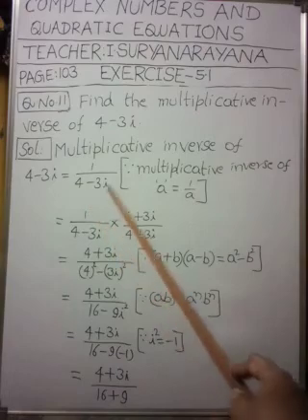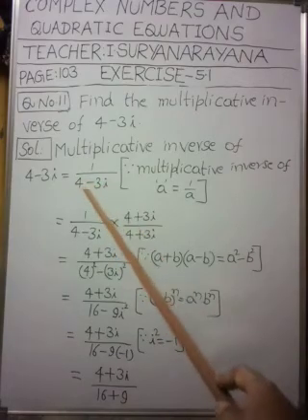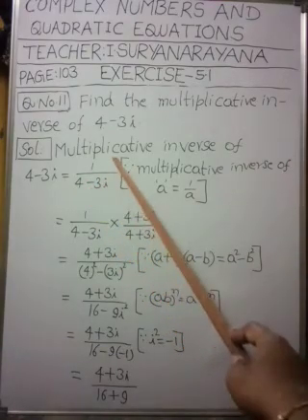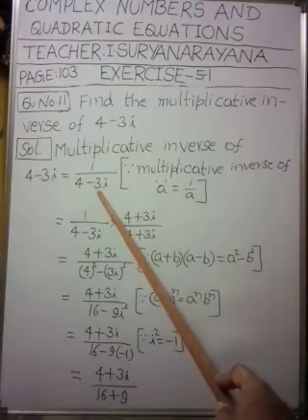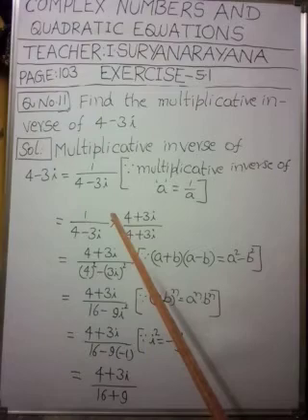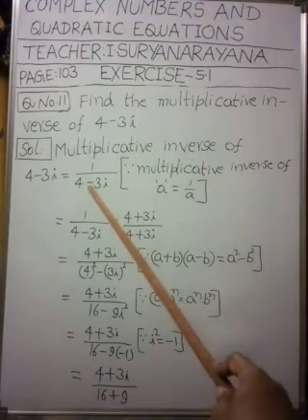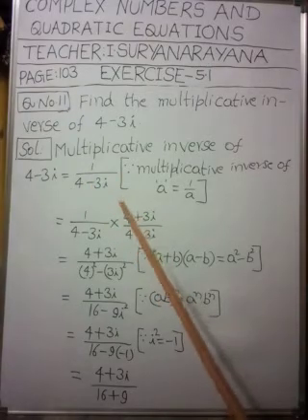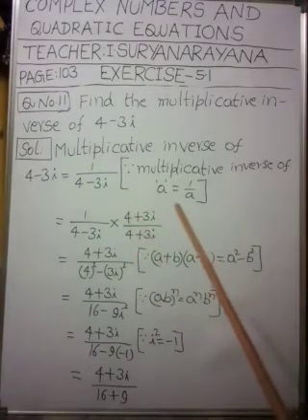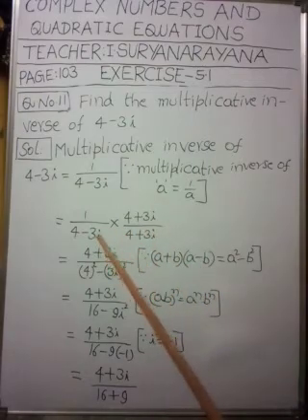So to make this complex number a real number, we have to multiply the numerator and denominator of this fraction by its conjugate complex number. What is meant by conjugate complex number? Just change the sign of the imaginary part. Here minus sign is there. Just write plus. Then we get the conjugate of this complex number.